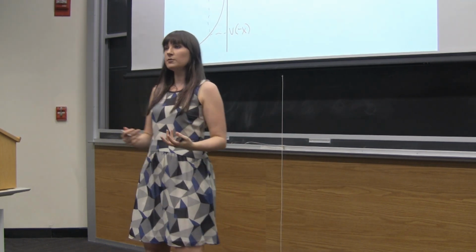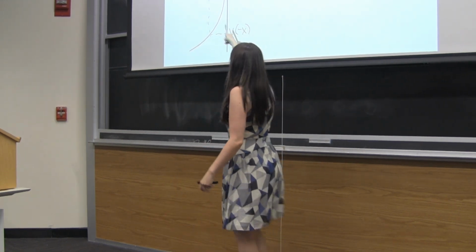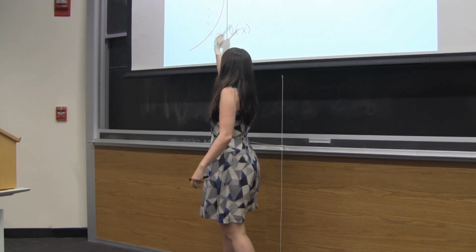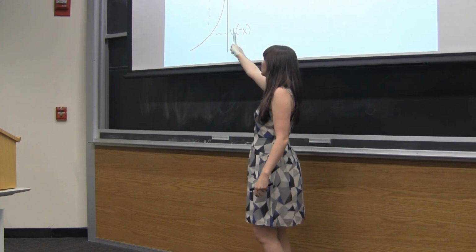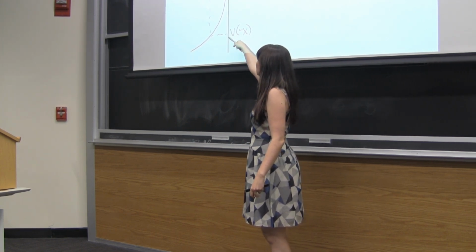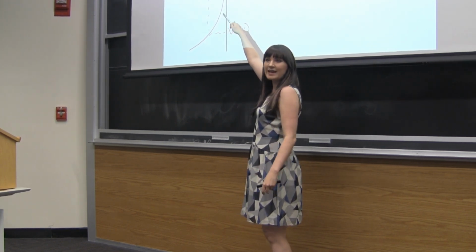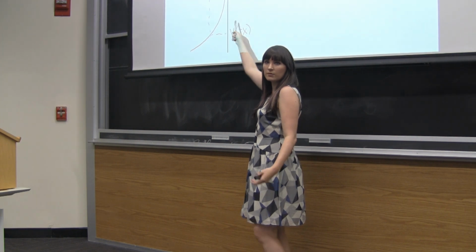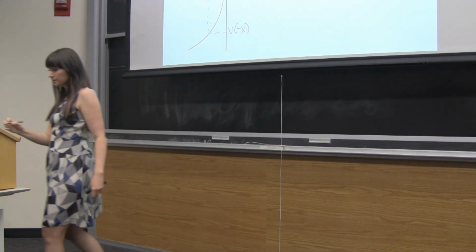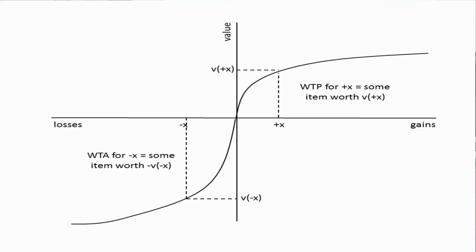If you see being punched in the face as a loss of x, you would need to be compensated with something that gives you, technically speaking, the negative of the value of negative x. So you'd need an item worth negative v of negative x, because you would have to be compensated with something that would give you positive value, again, to get you back to that neutral point.